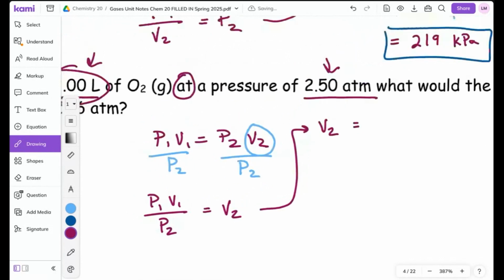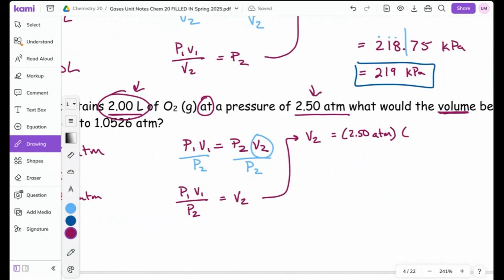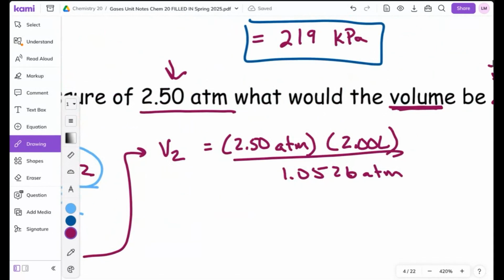And now I'm just going to plug in my numbers. So 2.50, and I'm going to include units, times 2 liters divided by 1.0526 atmospheres. I'm including units so that you can see you don't always have to be using kilopascals for your units for pressure.